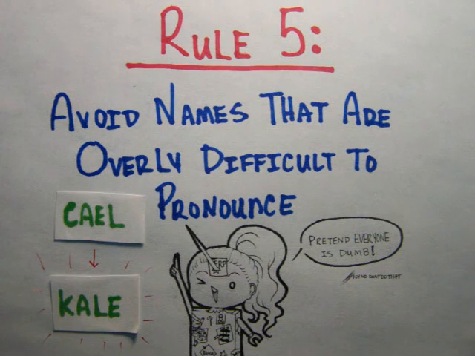However, if you are trying to be as phonetically simple as you can, spelling it K-A-L-E will be much easier for people to understand than if you were to spell it C-A-E-L. This is a very simple example, but you can use this trick for complex and original names as well. Try to make them as easy for people to understand as possible, especially if the name will only ever be read and not pronounced out loud.